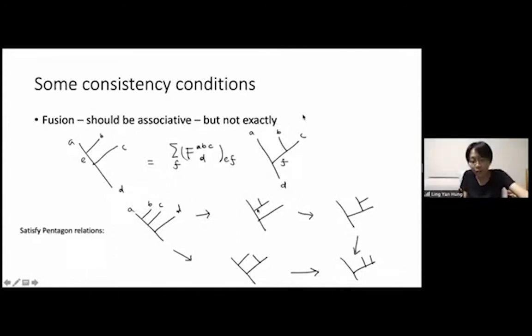And then moreover, I further do another F move. So I can do three F moves to get down to this fusion order. But at the same time, I can do something different. I could move C to D first, and then I move this link down by another F move, and it would reach exactly the same basis.